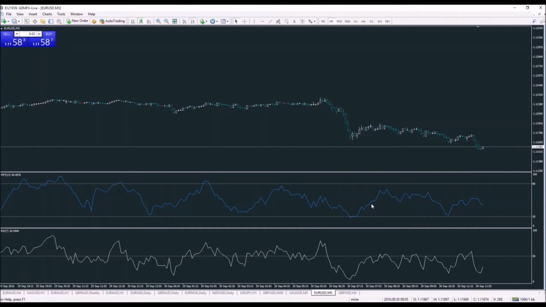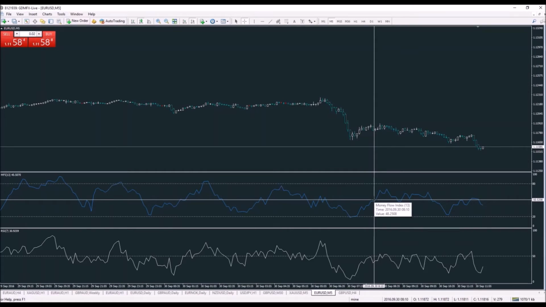And of course, when we speak about a bearish market, it's when it comes below that 50 level. Anyone can measure with the crosshair where the 50 level stands. When the curve falls below the 50 level, we're witnessing a bearish market. When it goes above that 50 level, we're witnessing a bullish market.